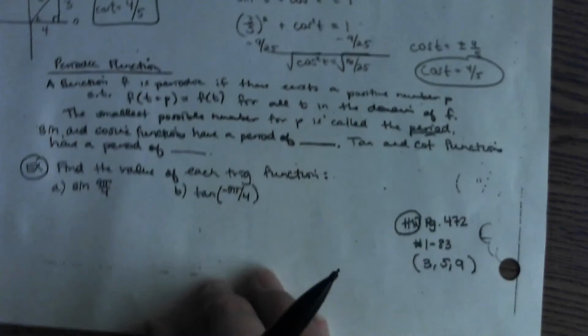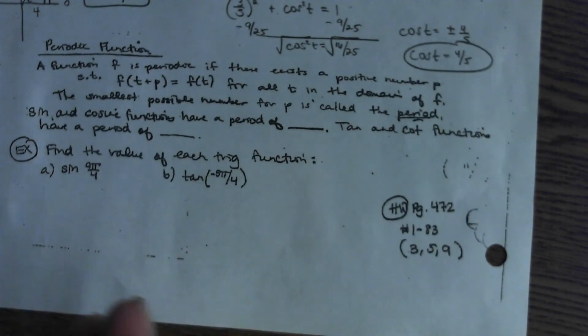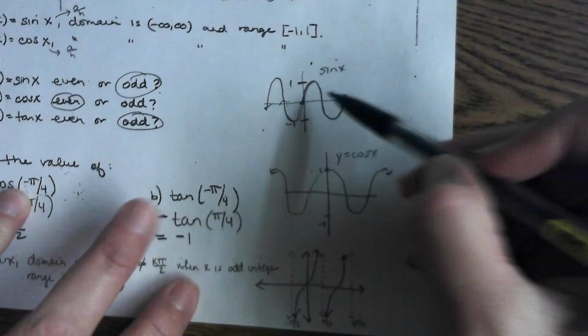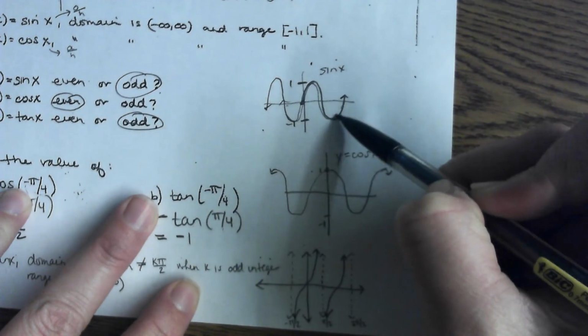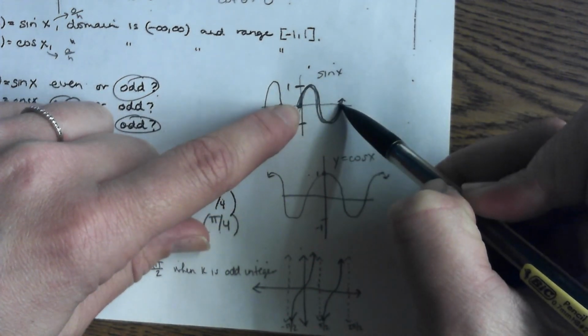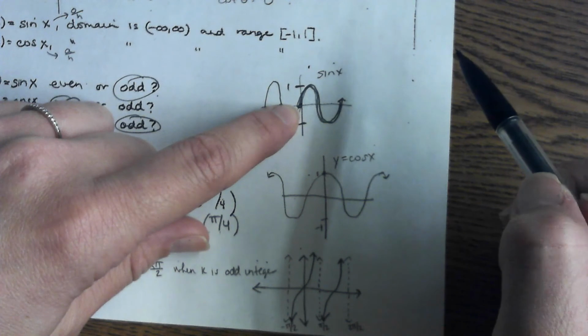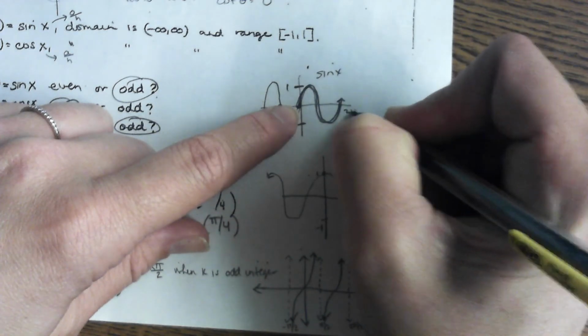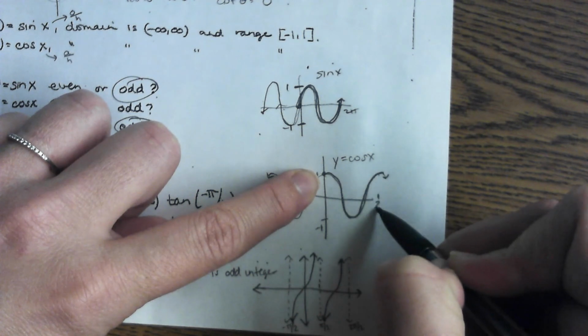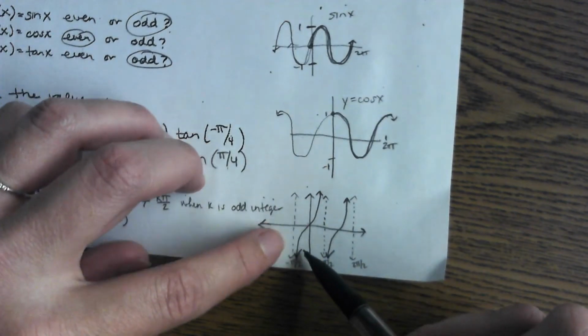Okay, and the last thing here. Essentially, this is just getting at periods. How frequently does the sine curve repeat itself? How long does it take to get one full cycle in? Do you remember? 2 pi. The same is true for cosine. 2 pi. What is it for a tangent?